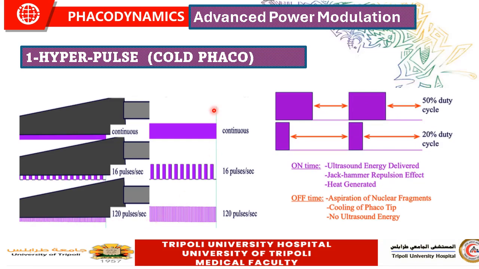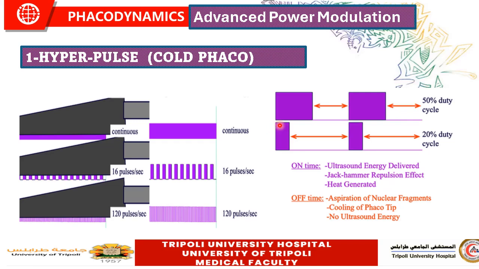As you know, in the traditional pulse, the duty cycle was 50-50, so that there is 50% on time and 50% off time. This off time is very important in delivering the vacuum, so that it improves the holding capacity of the phaco tip. Also, the cooling effect of the phaco tip. Now, with the modulation of the traditional ultrasound to a hyperpulse mode, the duty cycle has been changed like this.